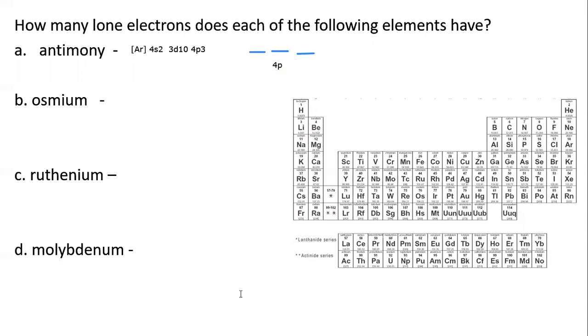And so according to Hund's rule, each degenerate orbital needs 1 electron before you start to pair them up. It's the same thing like on a bus. Every person wants to sit in their own seat, and you only start pairing up passengers once all the seats are filled. And so this would have 3 lone electrons.